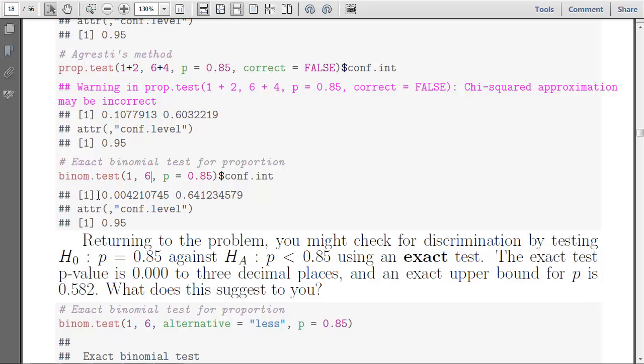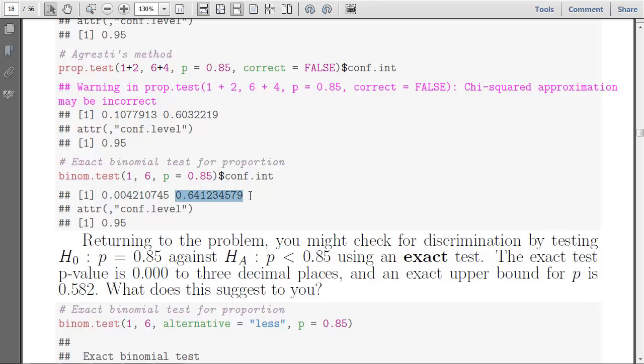So here is our confidence interval for our exact test. I've chosen to output the confidence interval. Anyway, so here we've got a confidence interval for our minorities for the true proportion of being admitted. It goes from 0.004, which is basically 0, up to 64%.